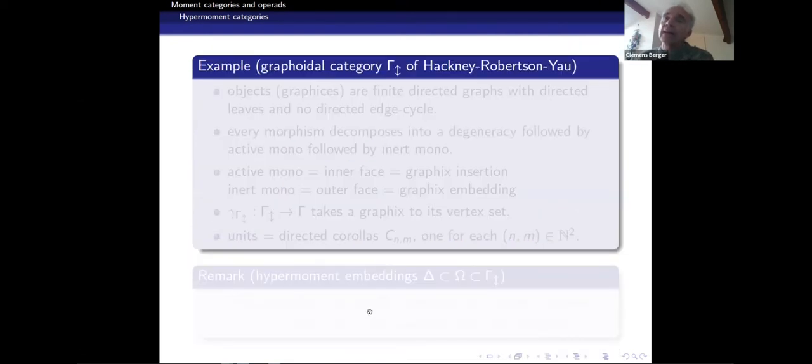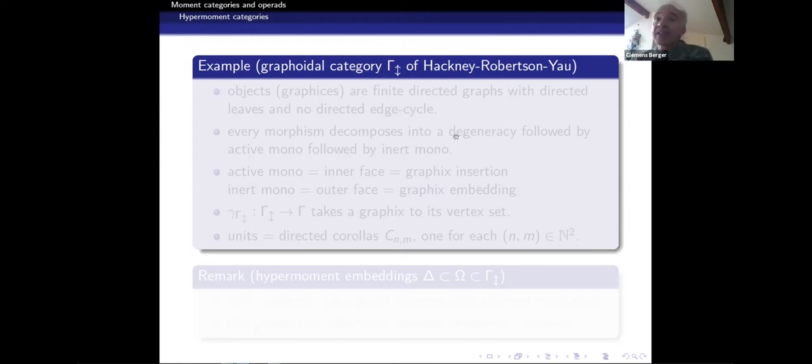So there is some kind of directed version of this dendroidal category, which has been introduced, I think, about 5 years ago by Philip Hackney, Marcy Robertson, and Donald Yau.